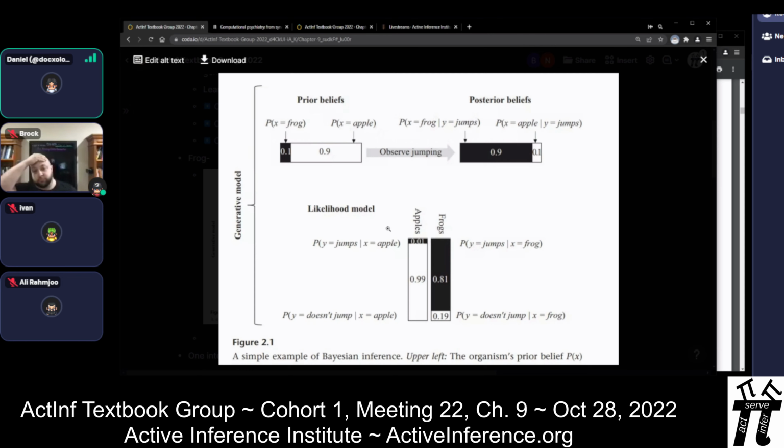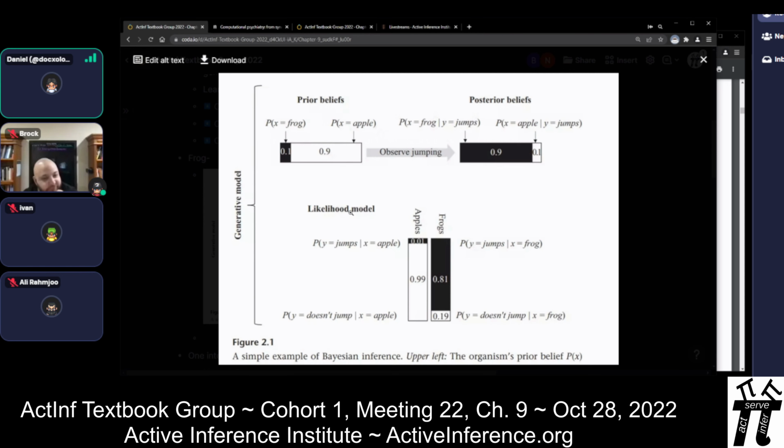So society expects us, and or we actually die or have consequences, when it's a frog, you're not supposed to eat it. Apples are okay to eat. Now, if you turn down too many apples, you starve. If you eat too many frogs, you die.